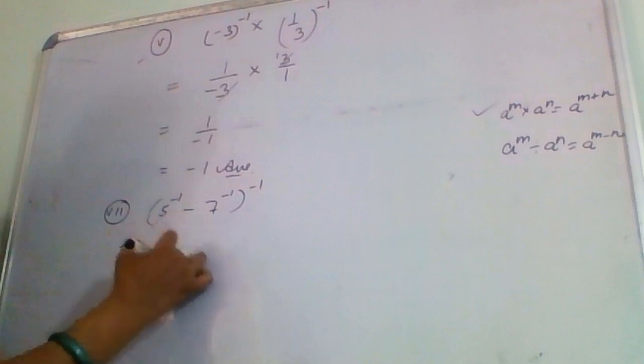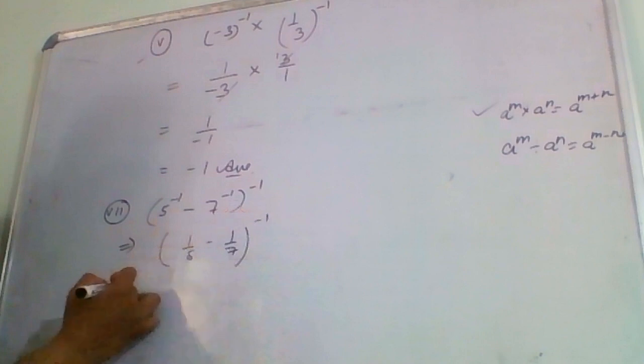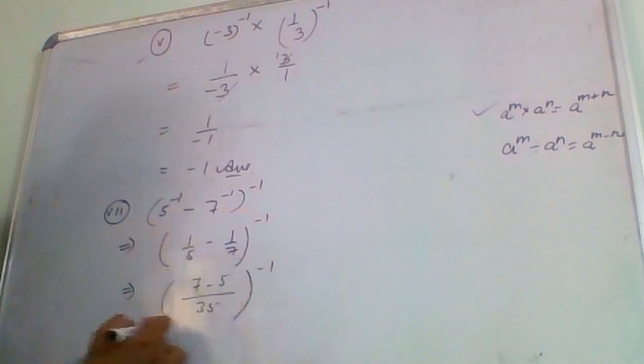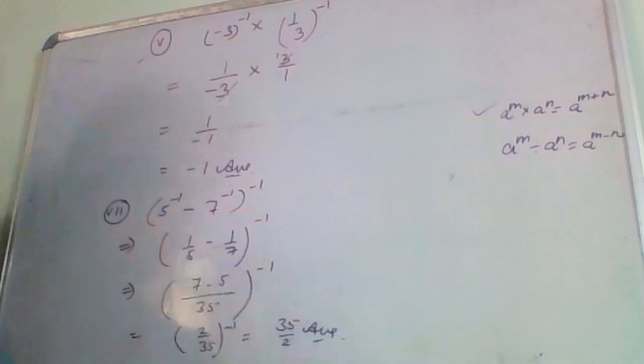So this can be written as (1 by 5 minus 1 by 7) raised to power minus 1. 7 5s are 35. 7 minus 5, minus 1. 2 by 35 raised to power minus 1. 35 by 2. Answer. If you require, you can convert it into mixed form also. Similarly, we can do question number 8 and question number 9.